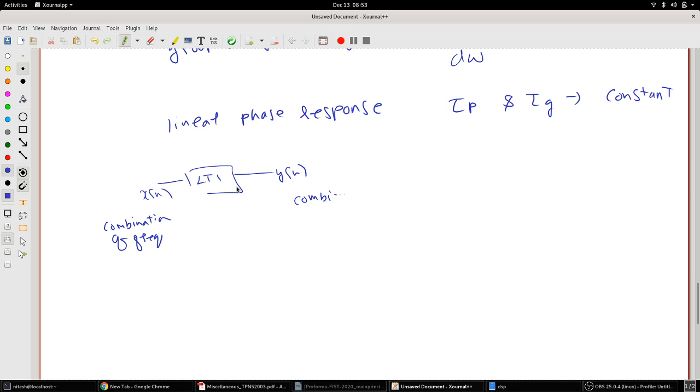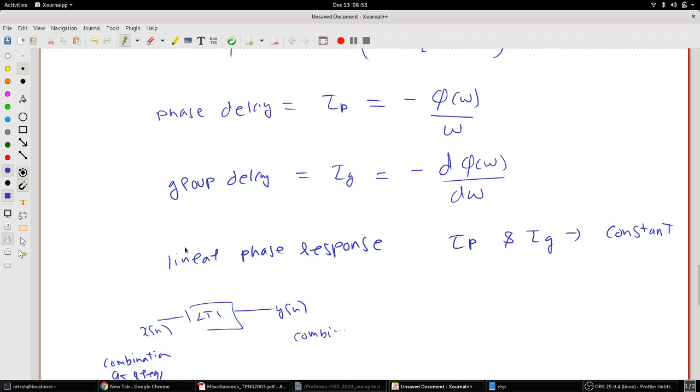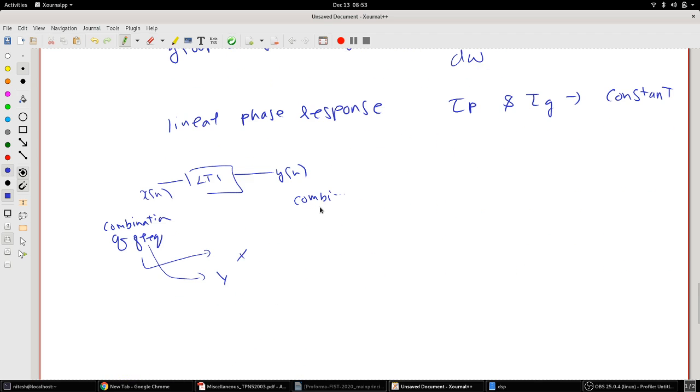It should not be like one frequency is getting delayed by an amount x and another frequency by another amount y. It should not be different for different frequencies. It should be constant. That is the significance of the phase delay and the group delay. All the frequencies as a bunch get delayed by the same amount, and individual frequencies also get delayed by the same amount.